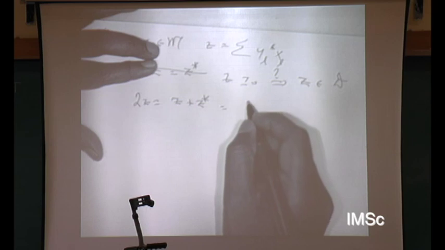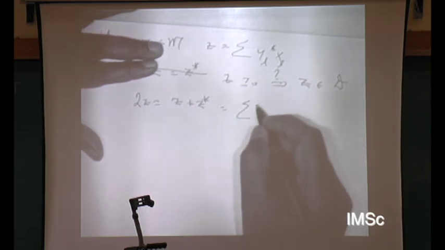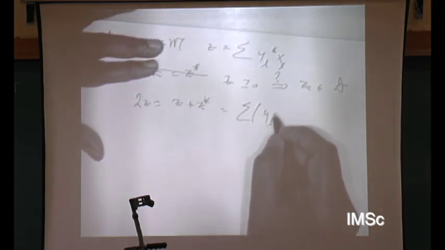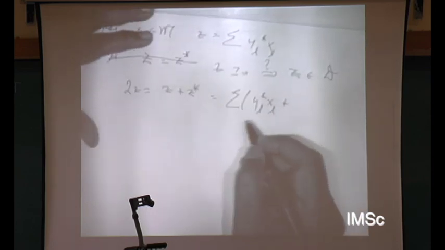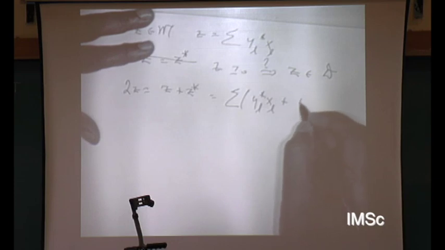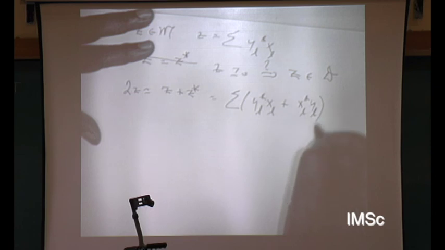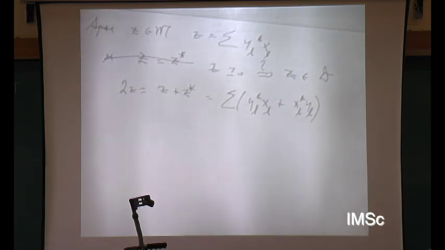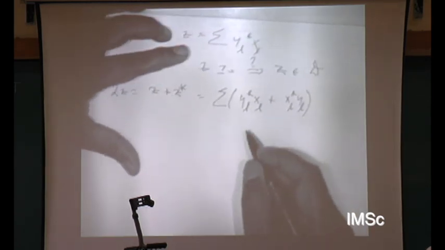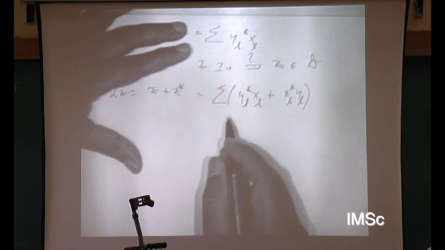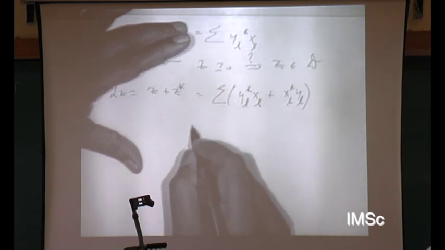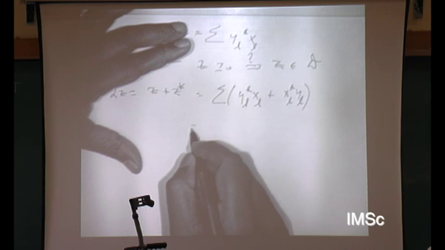Which is, let me spell it out, Y_L star X_L plus the adjoint of this. And what is that? That is just X_L star Y_L. But now I want to observe the following thing.